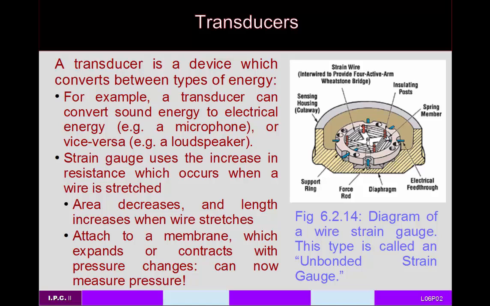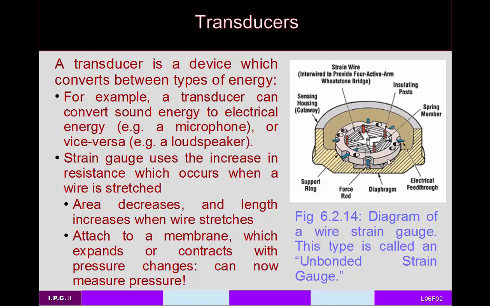Another use of it is to build what's called a strain gauge. And what that does is it uses an increase in resistance which occurs when a wire is stretched. So you can see a little strain wire that's wrapped around a bunch of insulating posts. And basically, if some strain is placed on this wire, it stretches, and that means that the area decreases, which drives the resistance up, and the length increases, which also drives the resistance up.